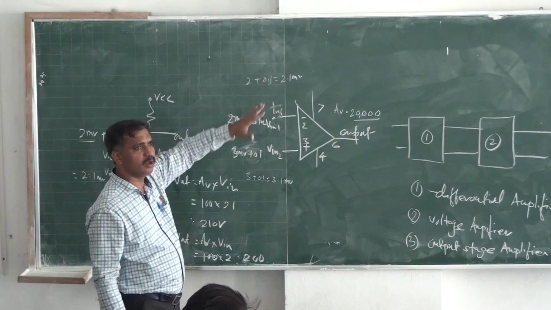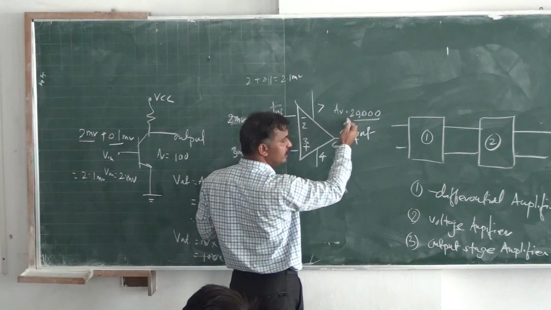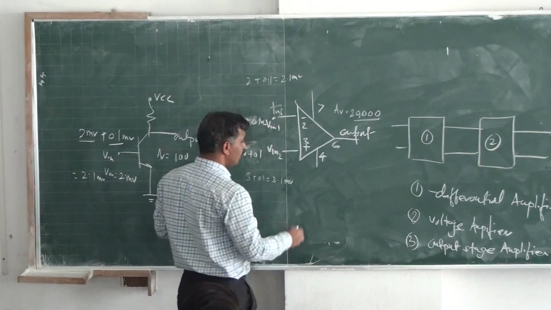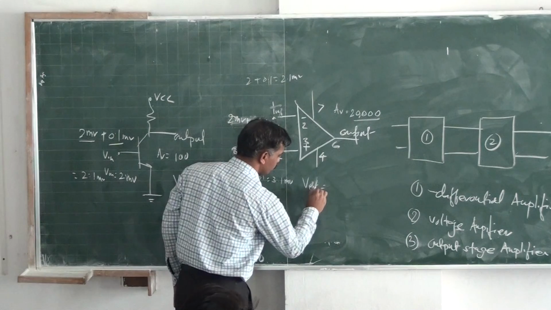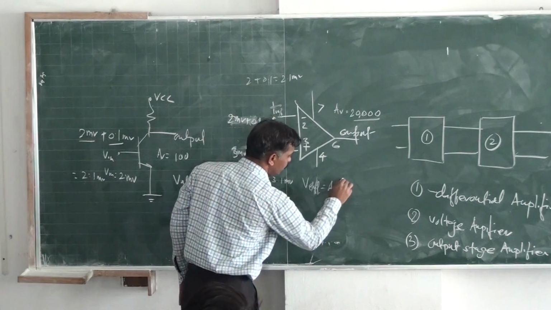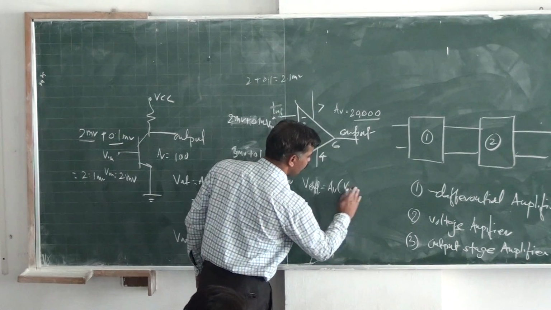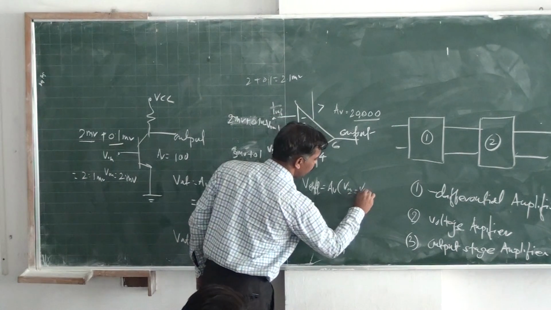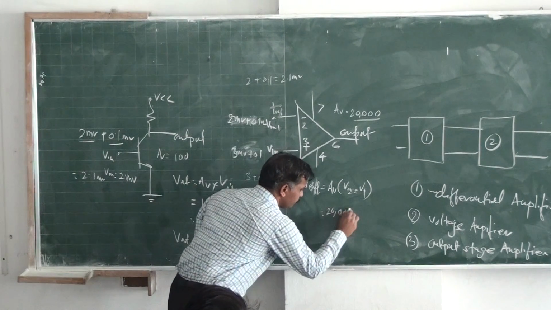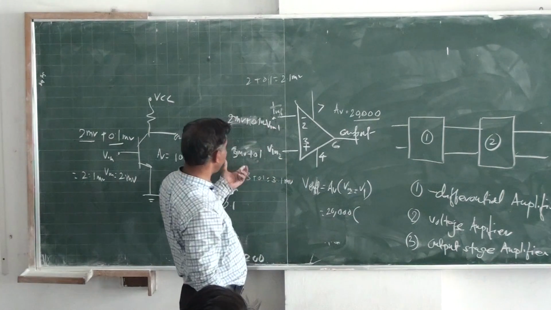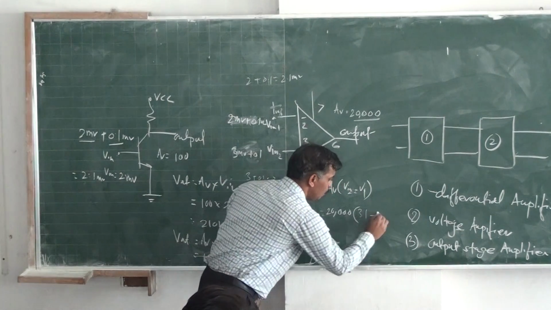Normally it will be very high, but for practical understanding purposes we will consider 20,000 here. Now Vout is equal to AB into (V2 minus V1), which is equal to 20,000 into (3.1 minus 2.1).